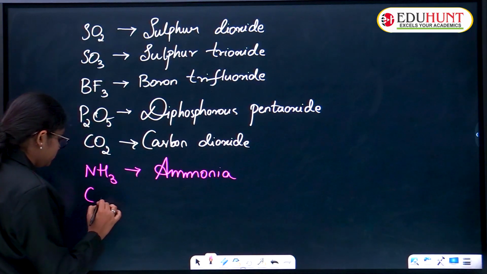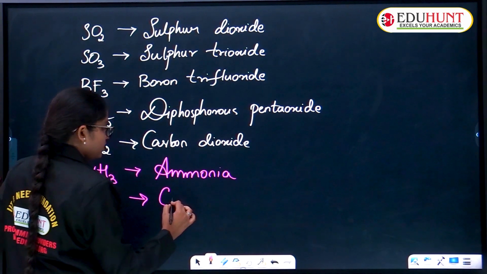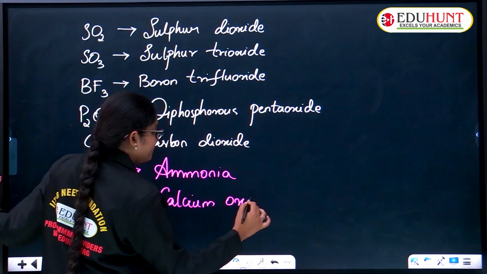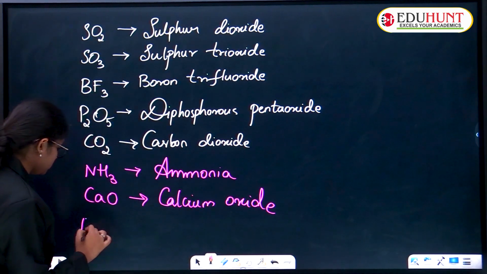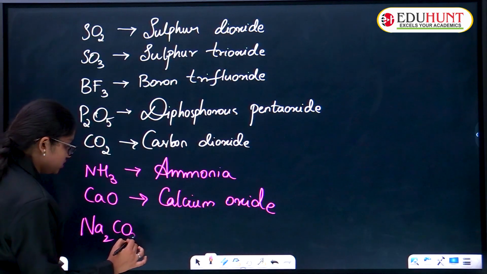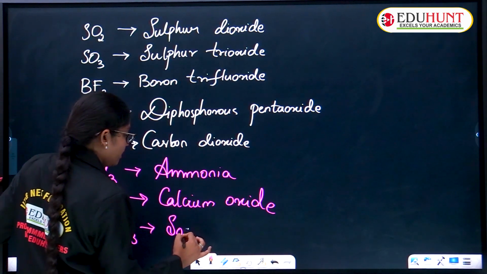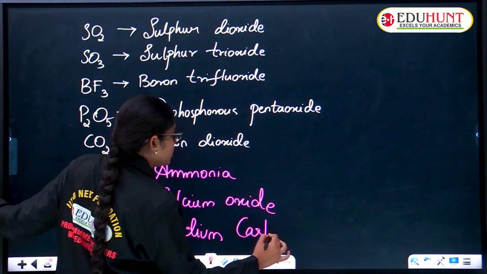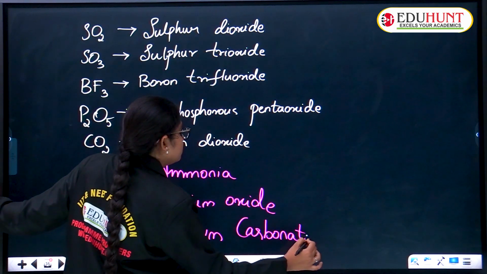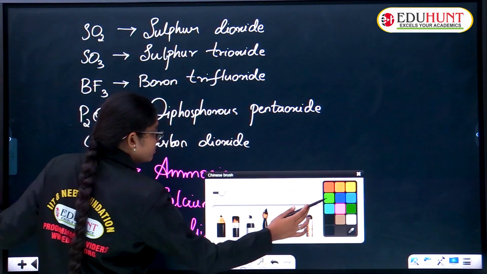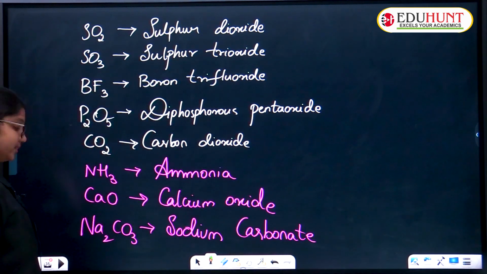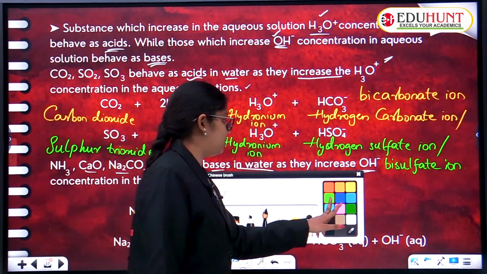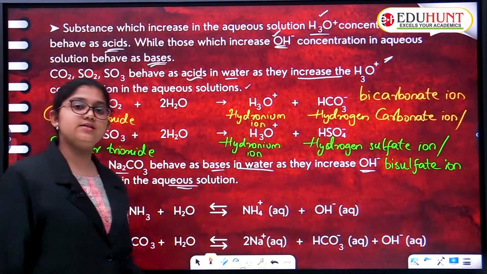Next, CaO, this is calcium oxide, and the other one given is Na2CO3, this is sodium carbonate. Okay, so these are the given bases, the examples in this particular section of bases and acids.